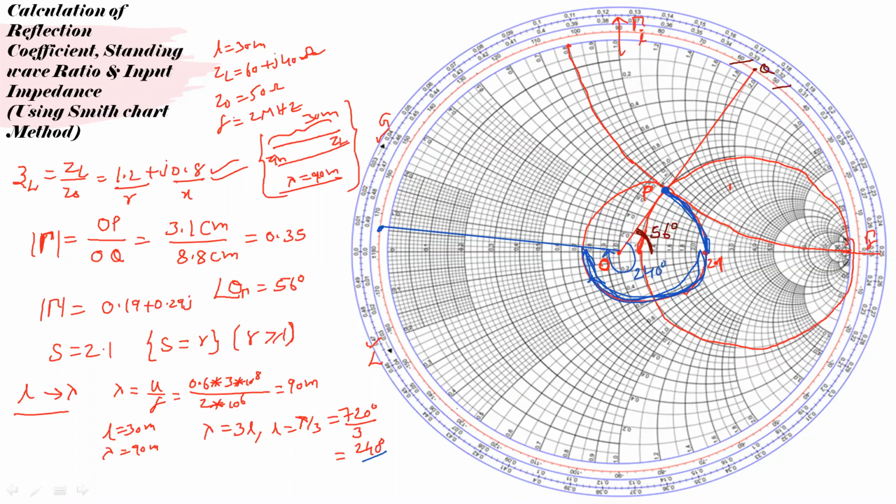From the reference, from point P, you need to move along the S circle through 240 degrees, from the calculation of the relation between wavelength and length of the transmission line. Now this point is your Z-in impedance value. So this value is shown here. From this you need to identify the value.